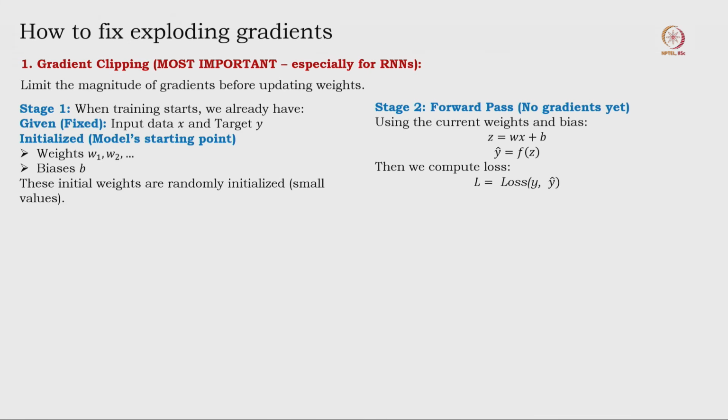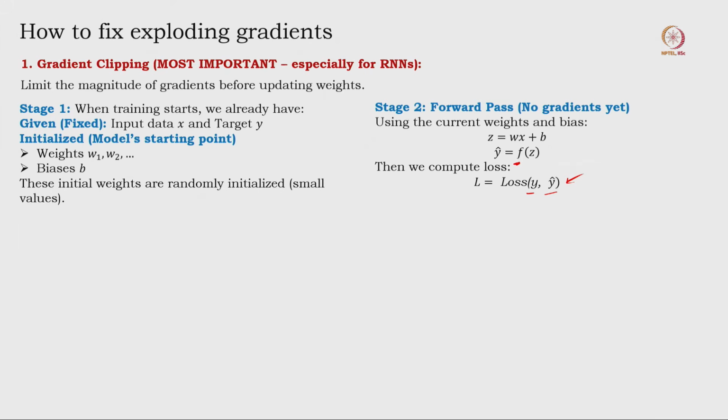Loss is always computed between the ground truth and the predicted value. If the ground truth is Y and the predicted value is Y hat, you compute the loss between these two. Based on what kind of problem you are solving, accordingly you use that activation function, and accordingly you will have a loss function also.